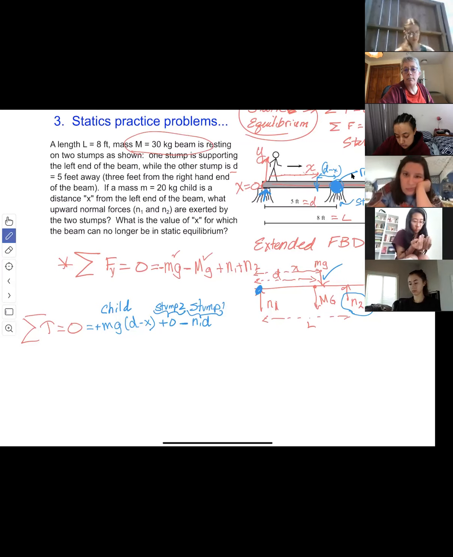And then we were looking at the mass of the child times the distance from the center of rotation, and the other one we had was the mass of the total beam times the distance of rotation.